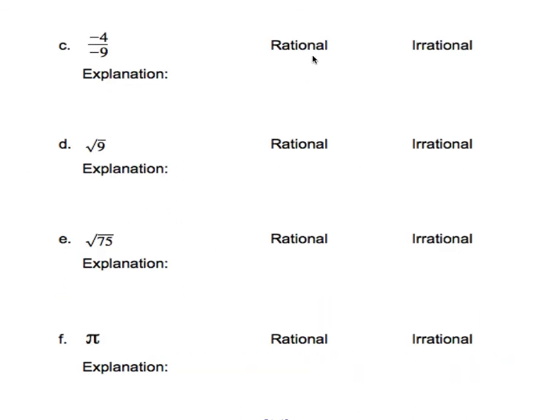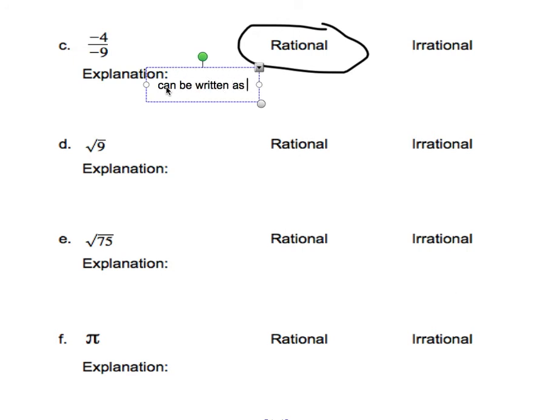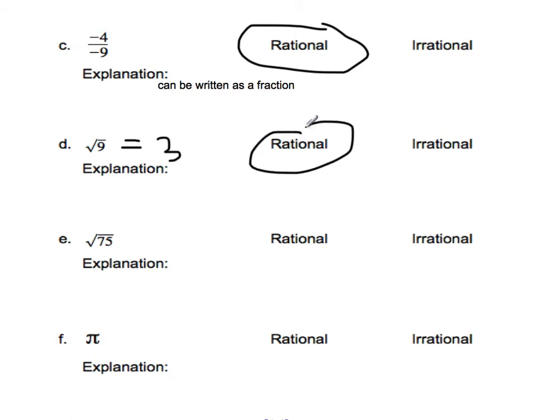Okay. This one's a rational number because it can be written as a fraction. This one, the square root of 9 is 3, so therefore it's a rational number. So you can put 9 is a perfect square.